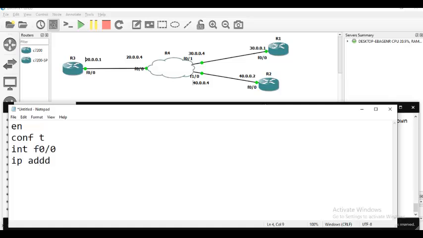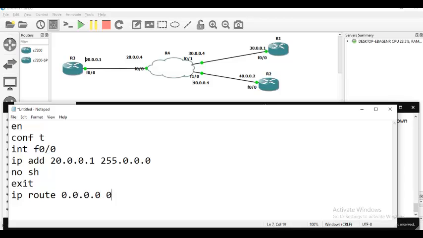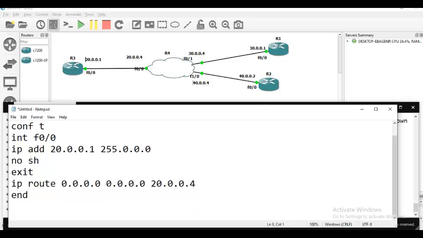And then IP route, any network, any subnet mask, send the traffic to 20.0.0.4. Or you can also run a routing protocol between R3, R1, R2, or R4. I'm just trying to go with a normal realistic configuration in the real world.